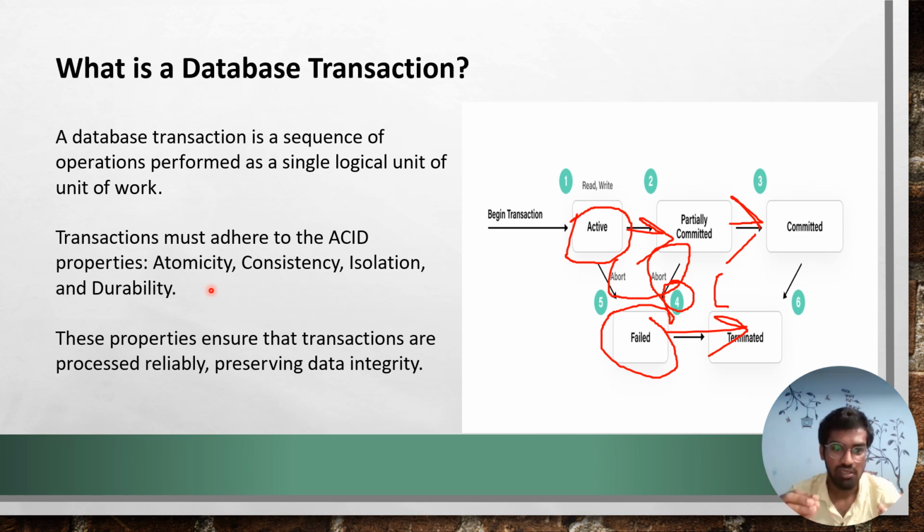The word atomicity refers to individual pieces or subparts of the database. Consistency tells how accurate the information is or how much redundancy there is. Isolation is simply isolating the problem in an easy manner. And durability is accessing the values easily. These properties ensure that transactions are processed reliably, preserving data integrity.